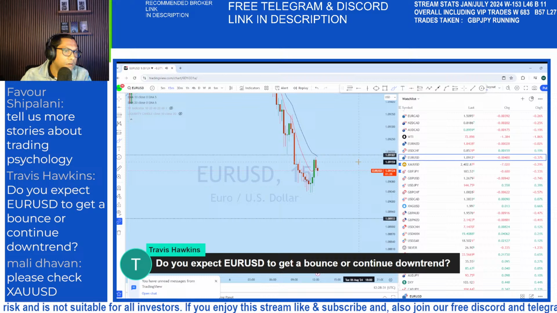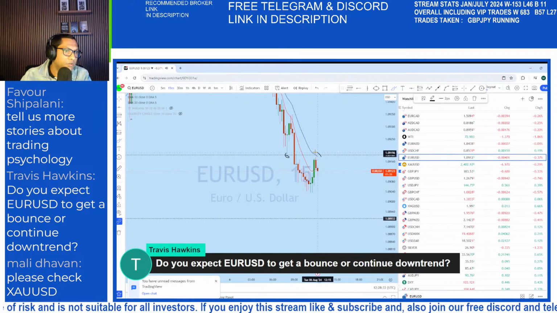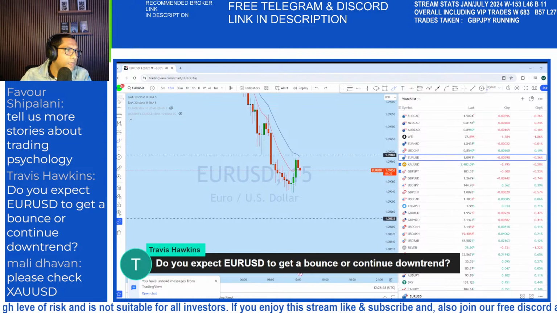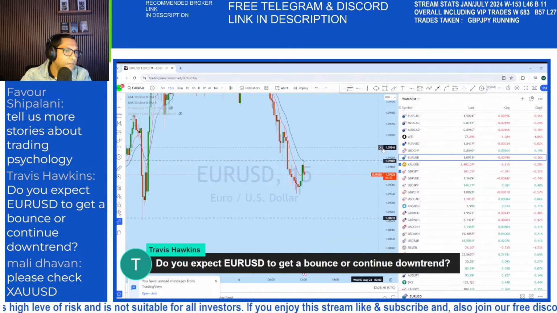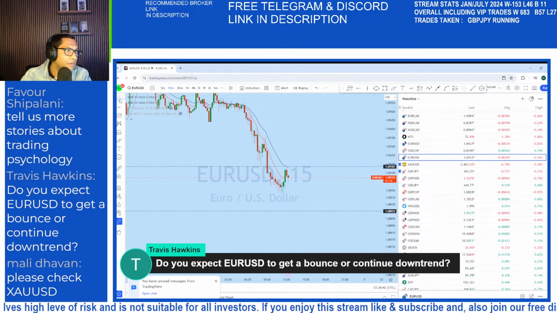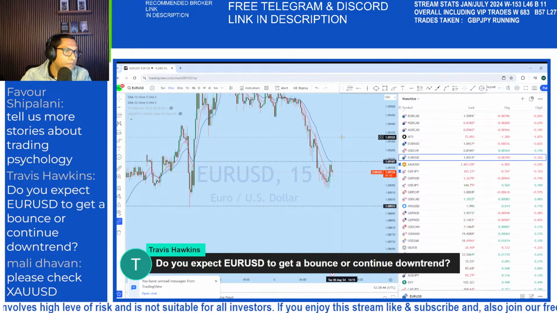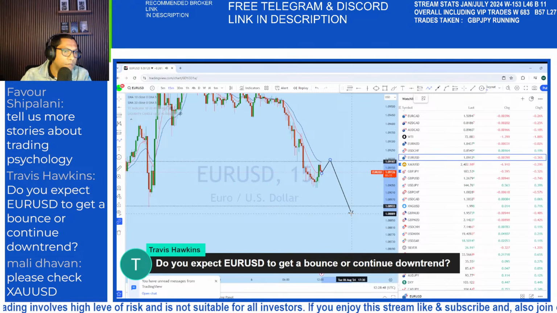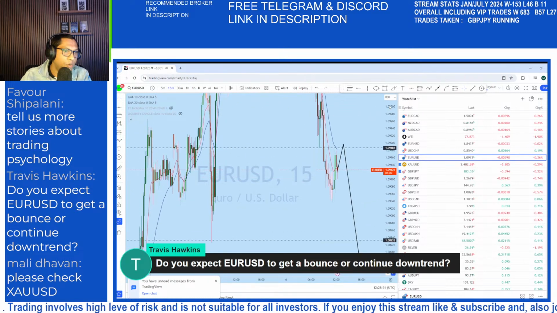So support turned resistance, an important level on Euro dollar. Expecting it to drop in that direction.